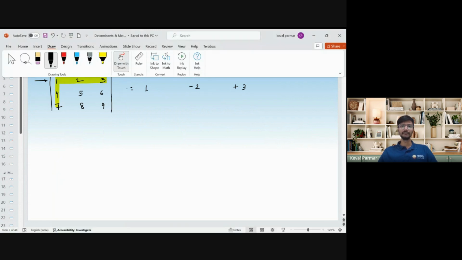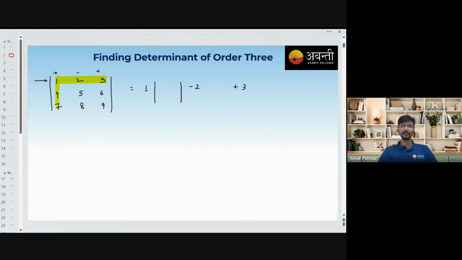So I am left with 5, 6, 8, and 9. Similarly, for 2, I'll be left with 4, 6, 7, and 9. And for 3, I'll be left with 4, 5, 7, and 8.